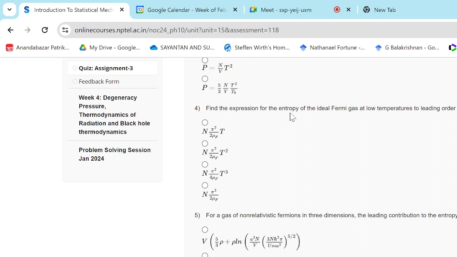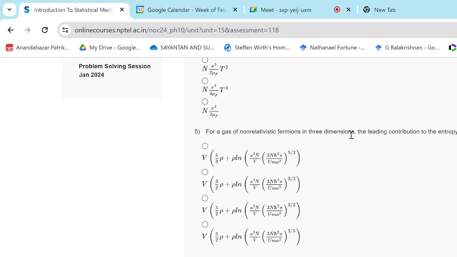Like in the case of question number 4, it is to find the expression for the entropy of an ideal Fermi gas at low temperature to leading order in temperature. So this is entropy in the low temperature limit for the ideal Fermi gas. You can get the exact same topic in any standard textbook of StatMech, and you can do the derivation by yourself. You just have to use the limit of T tends to 0 for this case.